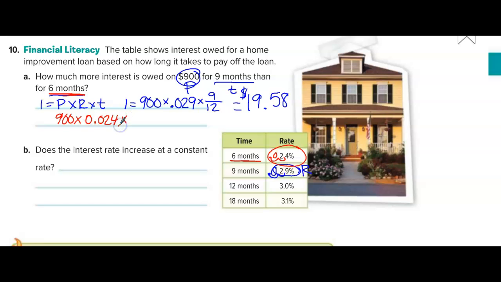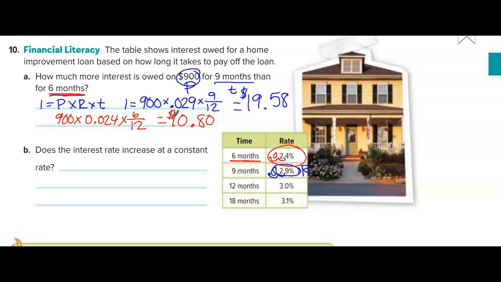And then I take it times my time, and I have 6 out of the 12 months. Okay, so if I type this in my calculator, I get $10.80.